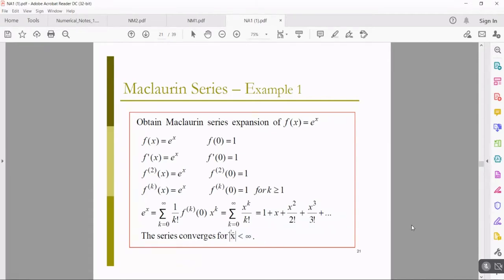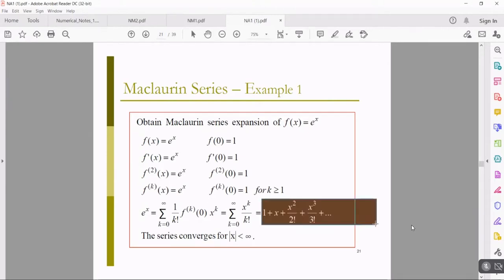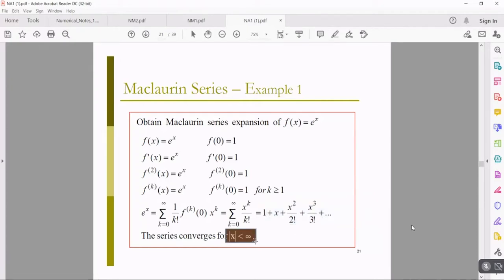This actually represents the radius of convergence of this infinite series. I think you have already learned infinite series and their convergence domains in your first semester. So for this kind of series, the radius of convergence is infinity.